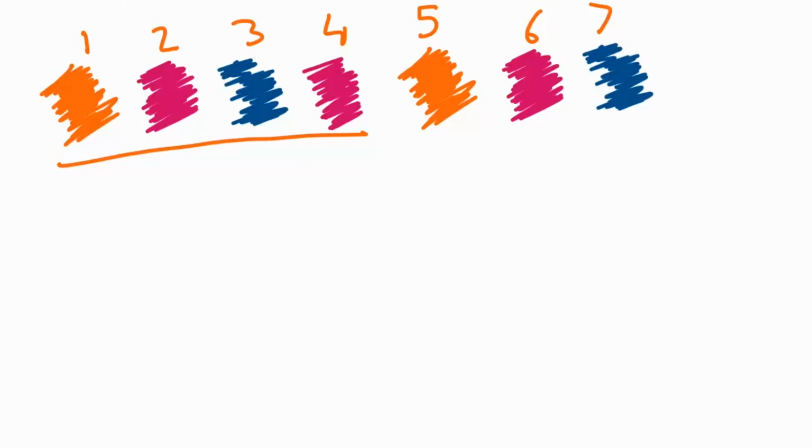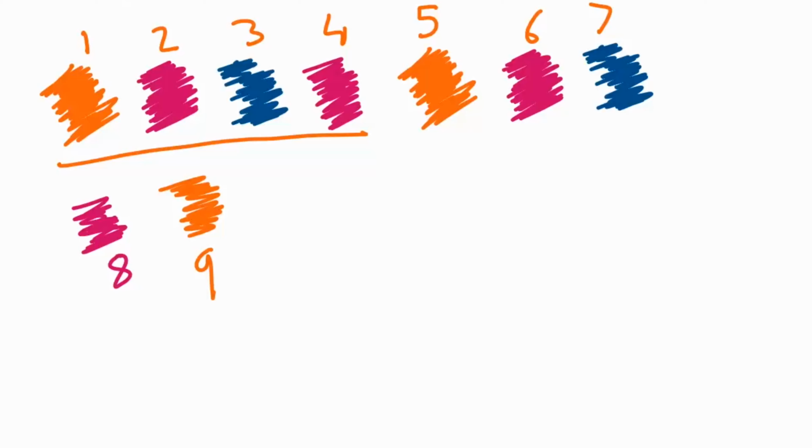We have 7, and the 8th one would be pink because after blue it's a pink. So 8 and 9 would be orange because it starts repeating. Orange. And then pink again.